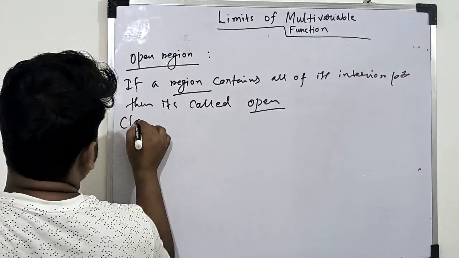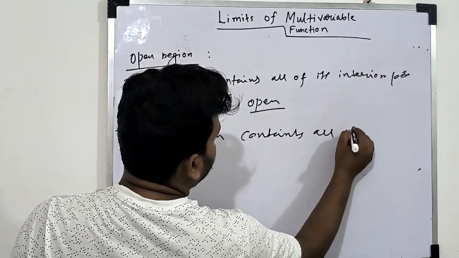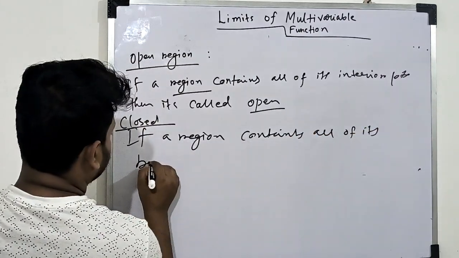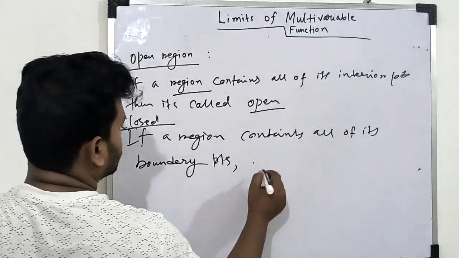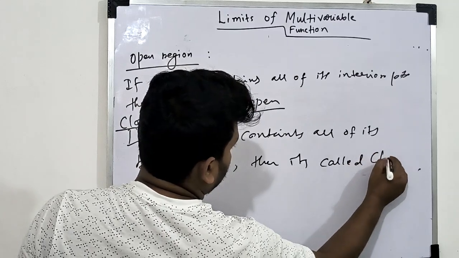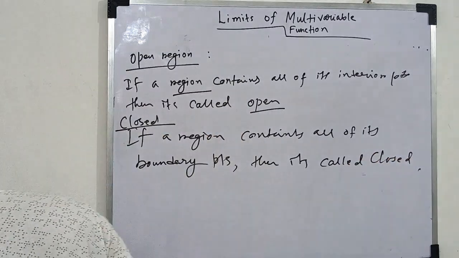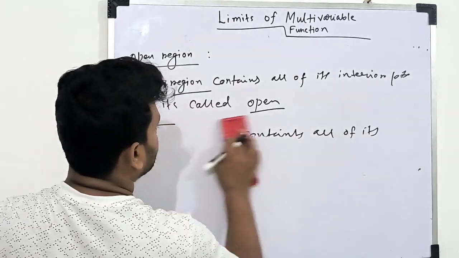And closed: if a region contains all of its boundary points, then it is called a closed region.